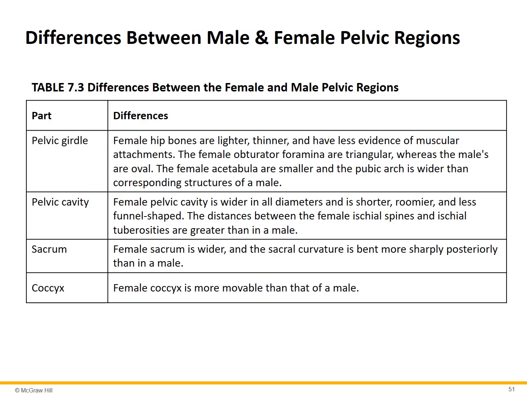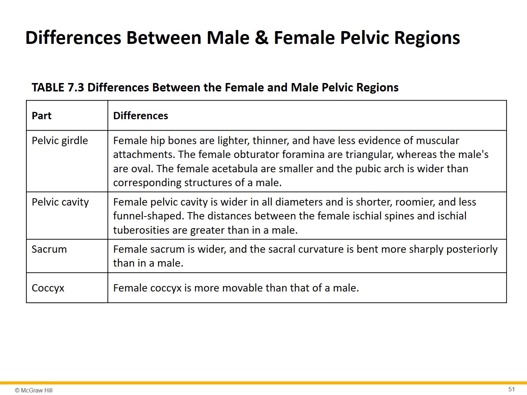Yeah, so this is just kind of showing the differences in the pelvic girdle, right? The pubic arch is wider. In the whole pelvic cavity, the female is wider in all diameters. Shorter, it's roomier, it's less funnel shaped, just much broader, right?